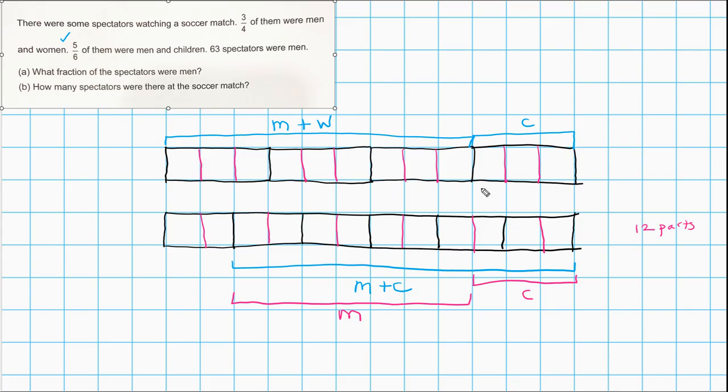Right. What do we know? We do have some numbers. We were told that 63 of the spectators were men. Well, we've isolated the men here. What amount of the bar refers to men? And men equals 63. So that means this bar here, you can draw it in there, that's 63.